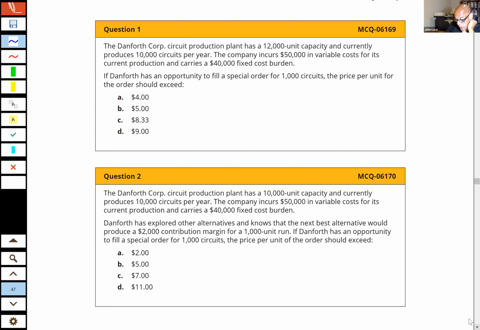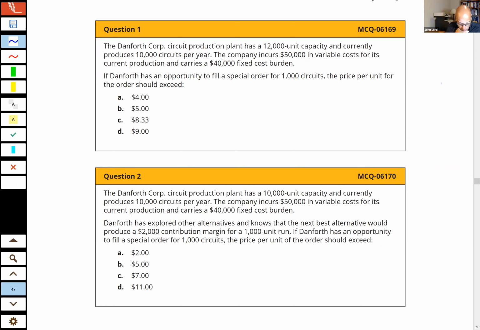Okay, guys, let's go ahead and take a look at this one. I'm going to end the poll, and pretty straightforward here. Looks like everybody got it right. So let's just quickly look at that one. We have a 12,000 unit capacity factory, and we currently produce 10,000 units.